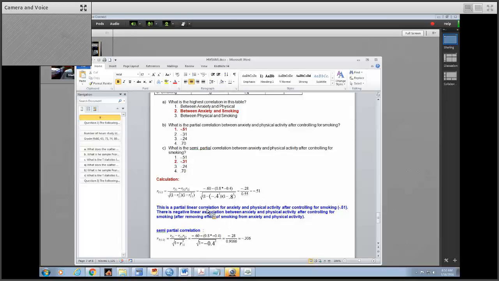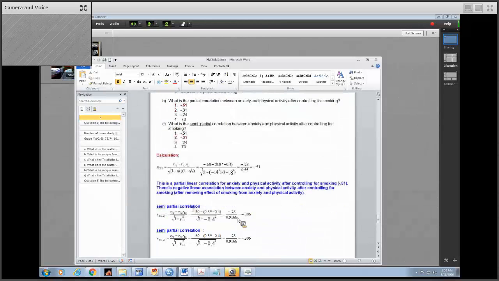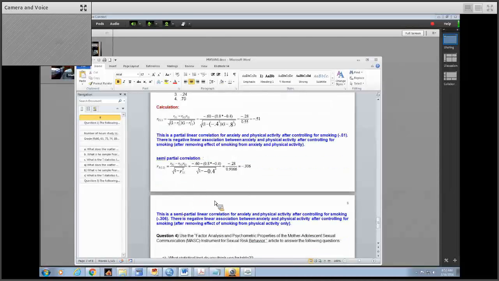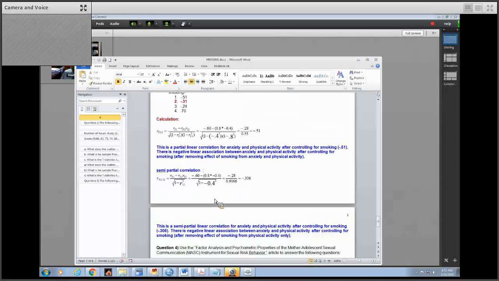This is the partial correlation, which you can explain: there is a partial linear correlation between anxiety and physical activity after controlling for smoking, and this is negative. Basically, you're removing the effect of smoking from both anxiety, your outcome, and the independent variable, physical activity. For semi-partial, the only difference is you are only removing the effect of smoking from your main independent variable.